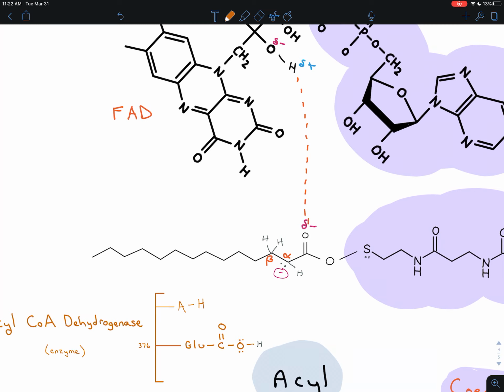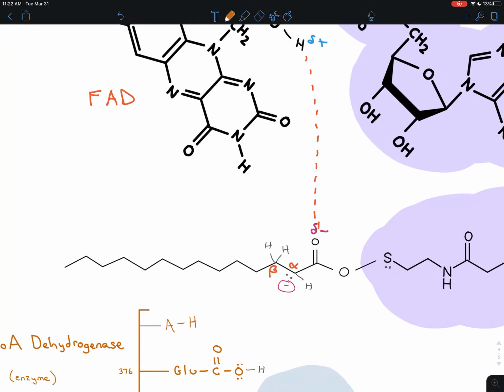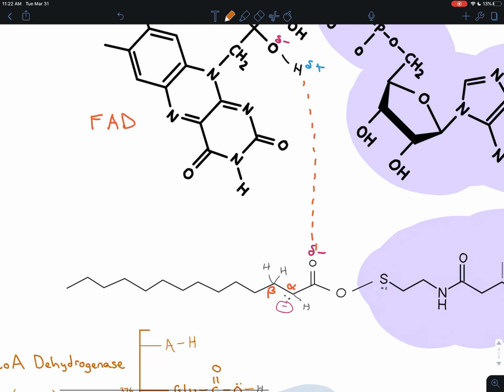Now I know that this is visually far away, but in the enzyme pocket, this acid is going to be close to this nitrogen right here. And so we're going to have a sort of push and pull happening all at the same time to make this next part of the reaction happen, a push and pull of electrons that together cause a flow of electrons.